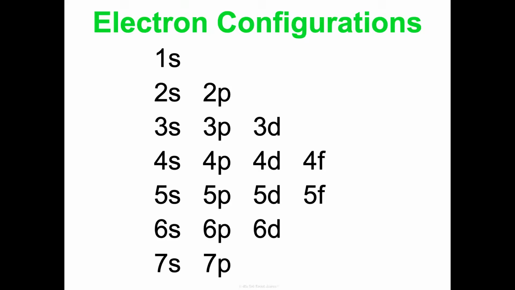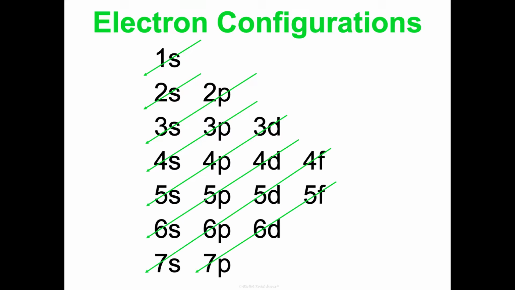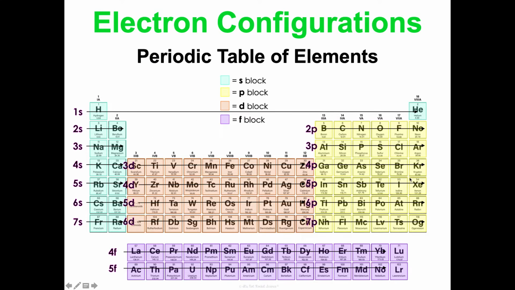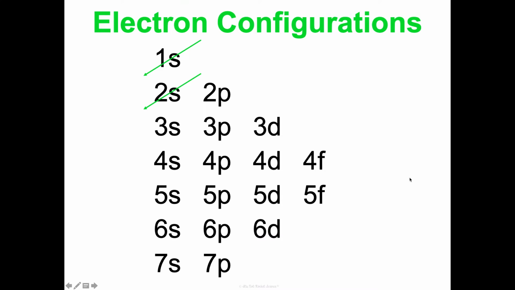So this is called the diagonal rule. Basically, if you have a chart like this, which I will provide you on the test, if you work diagonally down these rows, it will always go in the right order. So 1s first, then 2s, then 2p, 3s, then 3p, 4s, 3d, 4p, 5s. If you just go like this, that is the order it will go in. So you can always double check your work off this, but honestly, I just think if you have the periodic table like this, it's the simplest because you're literally just going to read from left to right.